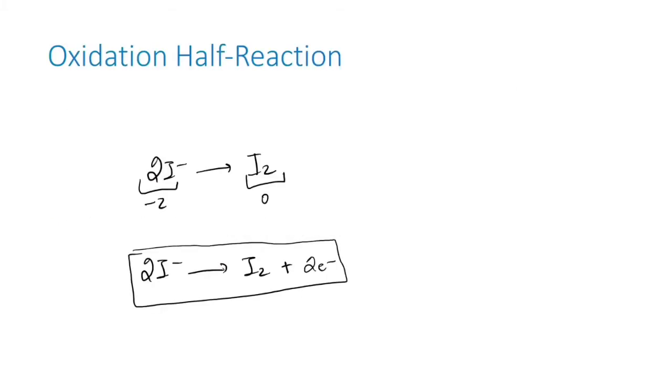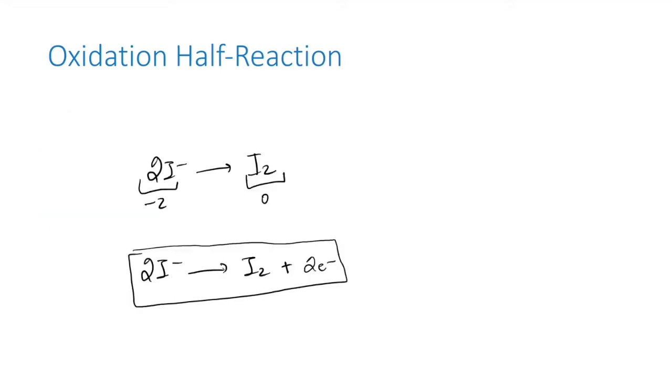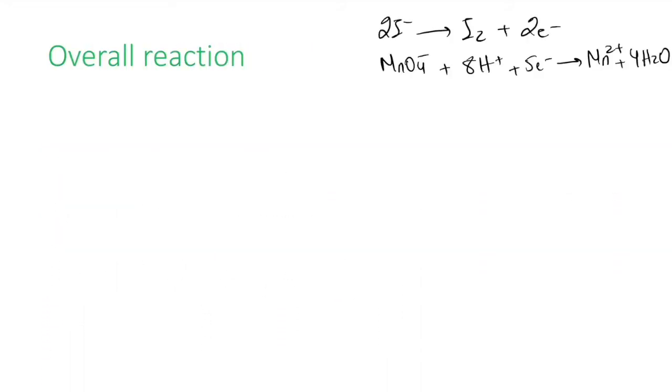Let me check. Yeah, MnO4 minus 8. Yeah. So here we have these two half reactions. As you can see, this is the oxidation half reaction. This is the reduction half reaction.